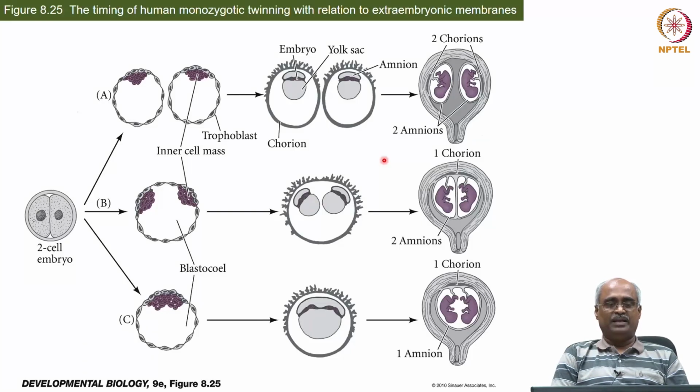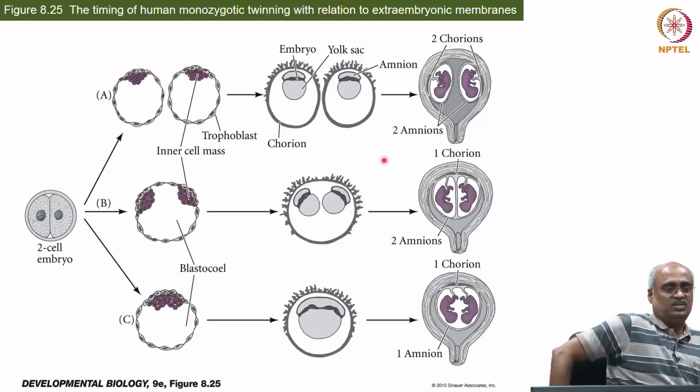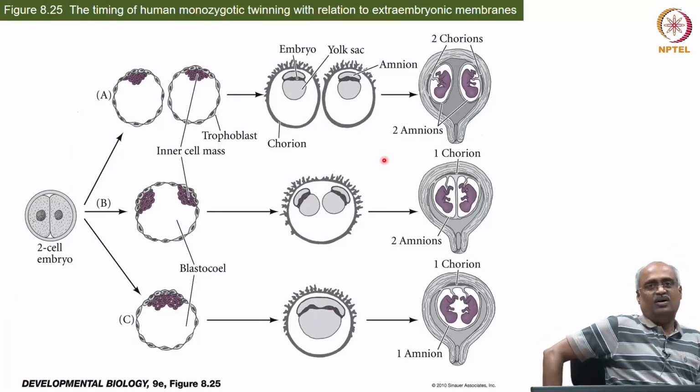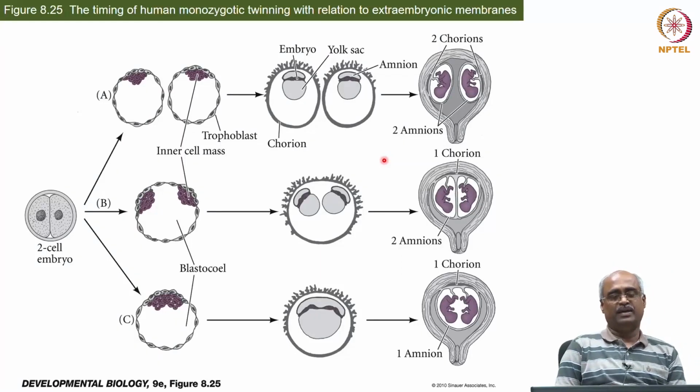step back a little bit and start from inner cell mass once again to understand one specific aspect of inner cell mass. As we discussed several lectures ago while talking about different kinds of specification, I mentioned that mammalian, actually all vertebrates follow what is called conditional specification leading to regulative development.